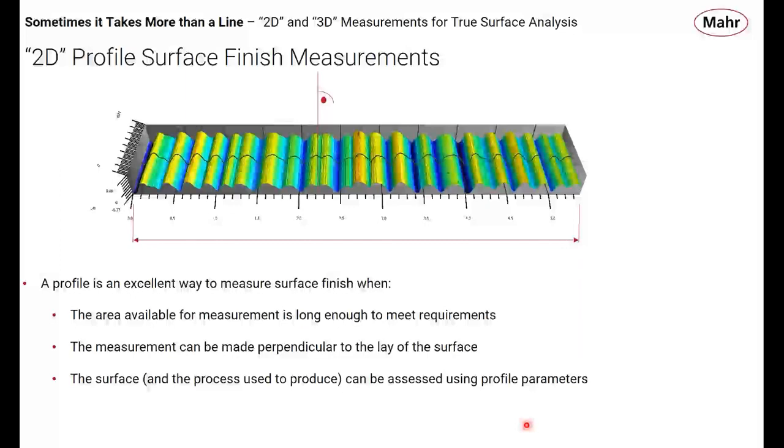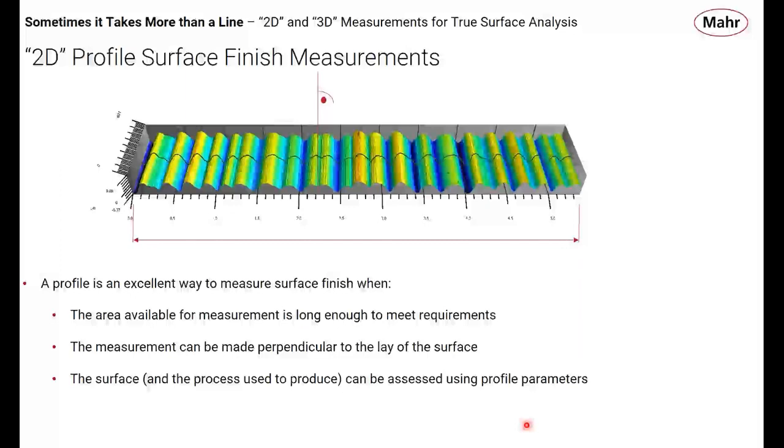ISO controls that by talking about our evaluation length, and for different RA or RZ or RSM values, they set different filter sizes, different cutoff lengths that we're supposed to use. That topic is an absolute rabbit hole. There's some mixed understanding of it, some people who don't necessarily agree, and there are great reasons not to. That's enough for a 10-part webinar series. We're not going there very much today.